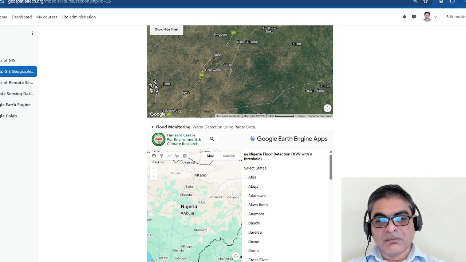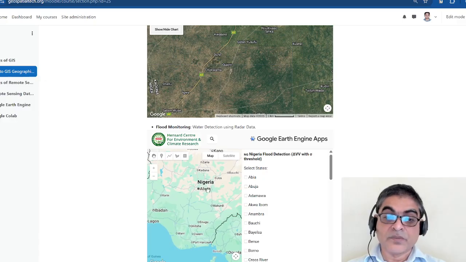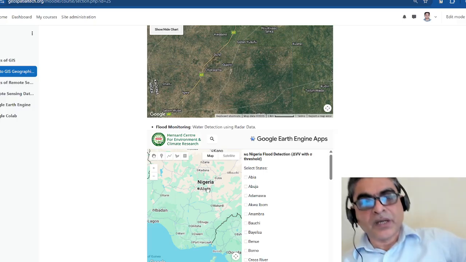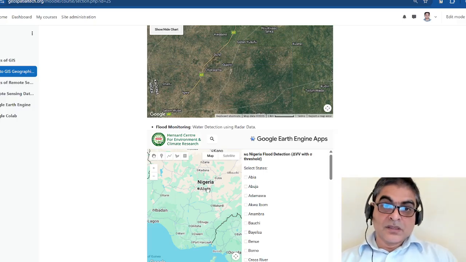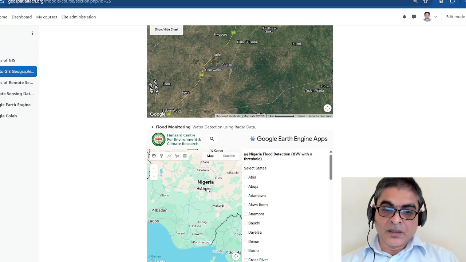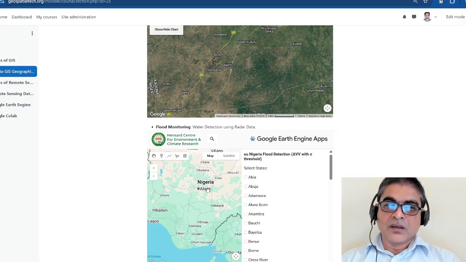And then in flood mapping also, when a flood has occurred, you need to know how much area is affected. So this application was developed by me using radar data. Because in remote sensing, remember, cloud is a big problem.